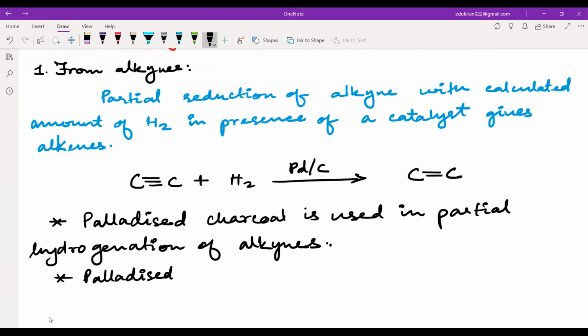Palladized charcoal is also known as, this is important, Lindlar's catalyst.